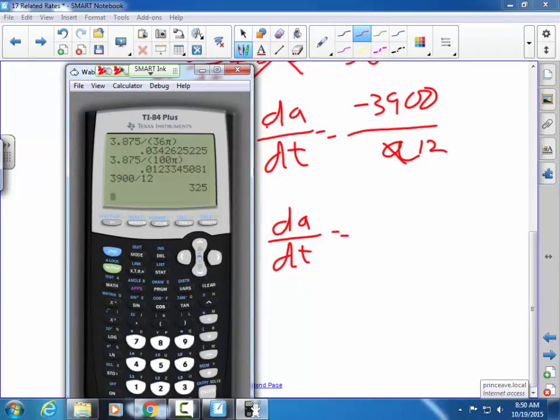But now our answer is going to be negative 325 miles per hour.